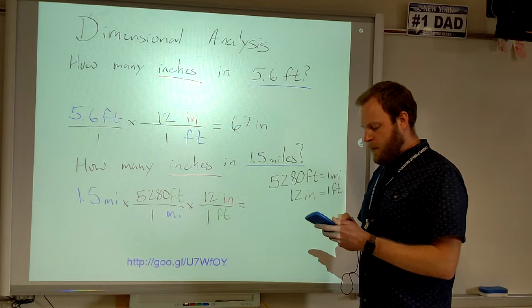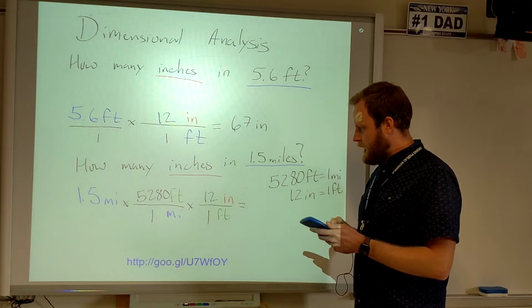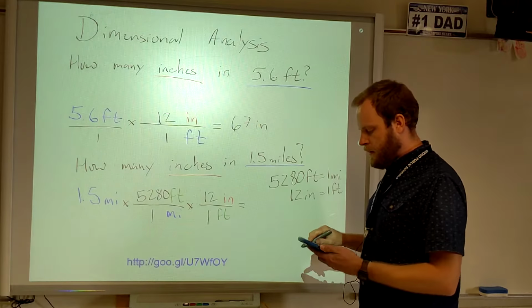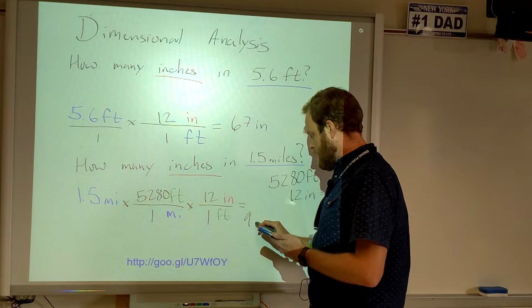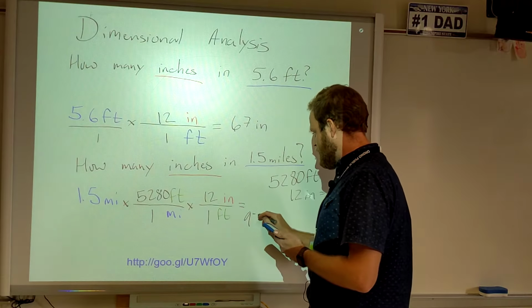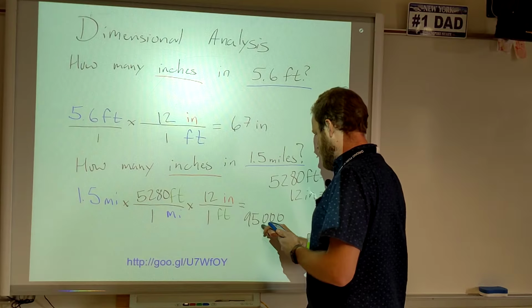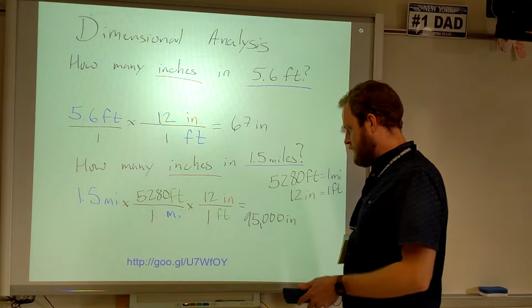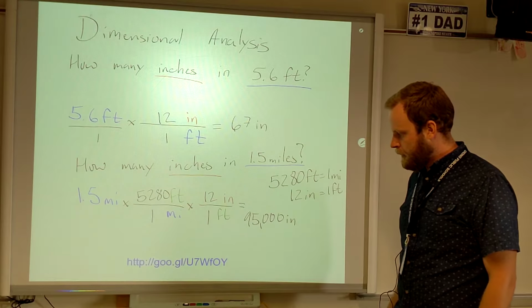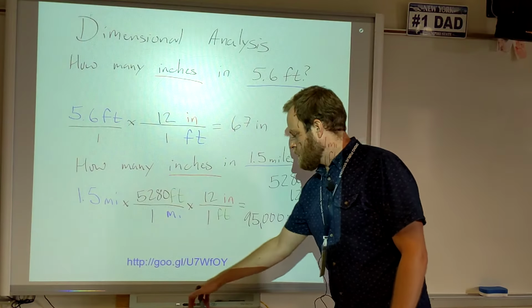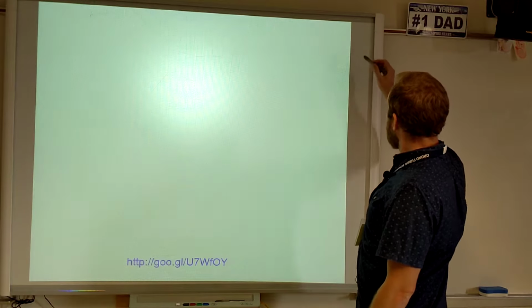So 1.5 times 5,280 times 12 is 95,040. And I've got two significant figures, so I'm just going to round that to 95,000 inches. Ta-da! Great? Great.